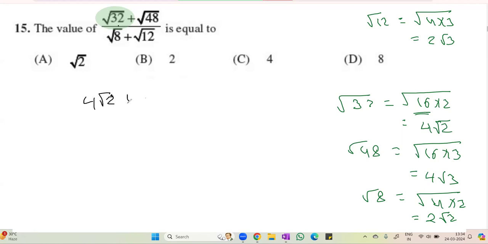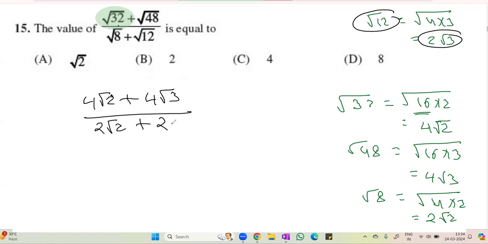This is 4 root 2 plus under root 48, which we simplified and will write as 4 root 3. Below, you can see under root 8, which we simplified as 2 root 2, and under root 12, which is 2 root 3. Now check here, we can take 4 as common in the numerator, so we get root 2 plus root 3.